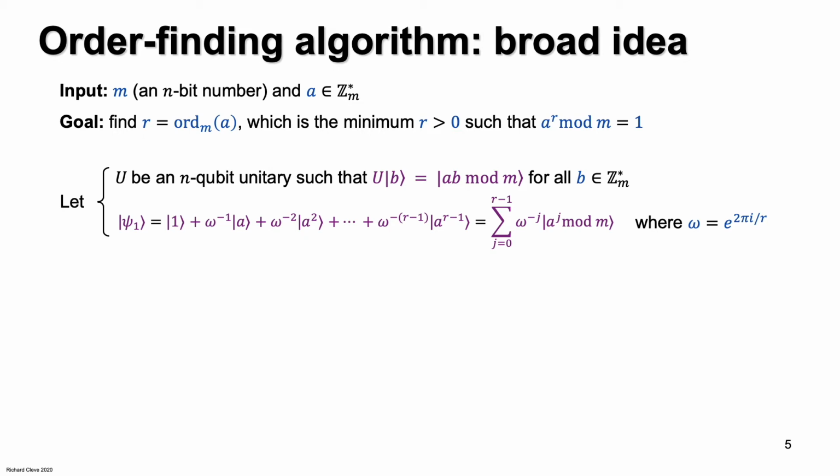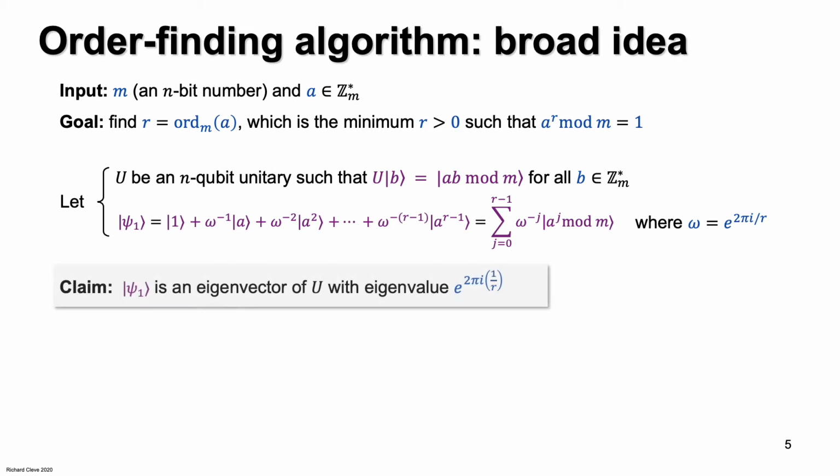What's interesting about U and psi 1 is that psi 1 is an eigenvector of U with eigenvalue e to the 2 pi i times 1 over r. So if we can determine the eigenvalue, then we can determine 1 over r, and if our approximation of that is good enough, we can use it to deduce r, the order of a.